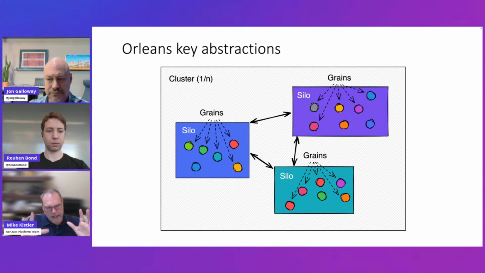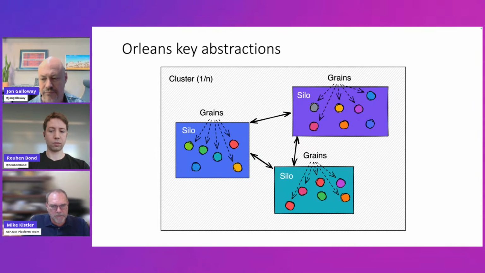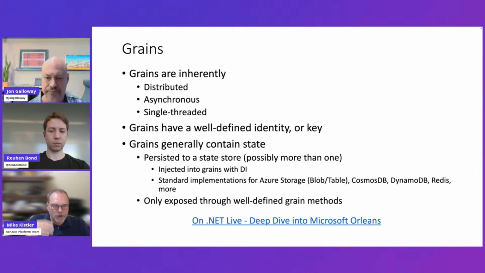Each silo can contain grains, and the grains are the actual business logic of your application. They can live in any silo, but only in one silo at a time. So there's only one instance of a grain at a time, and they're distributed across the silos in your cluster. So grains are inherently distributed.